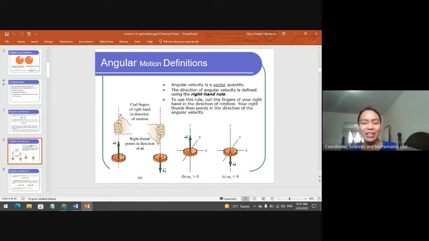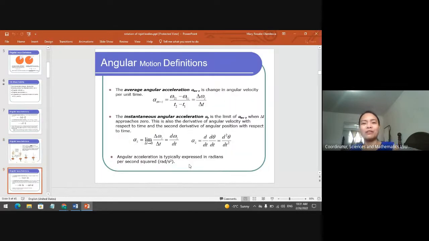So you better practice. Just take note the four fingers represent the direction of motion while the thumb represents the direction of the angular velocity. So you may practice that for yourself.